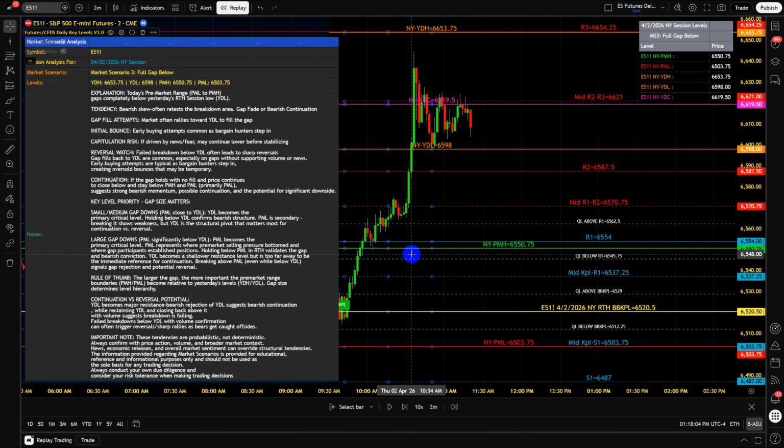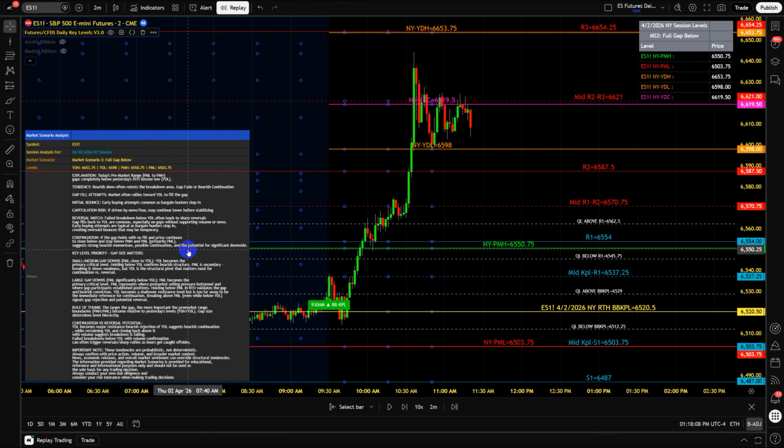Everyone's eyesight's different. Everyone's zoom on their browser's different, so it just really depends on what works best for you. Also, before we go into this, we're just going to show you that in the user guide manual, there is a section on the market scenarios, and contained in that section, there's also a portion about the PDF cheat sheets. So we'll just go ahead and show you those now.